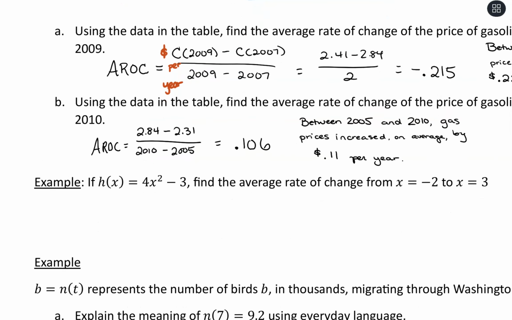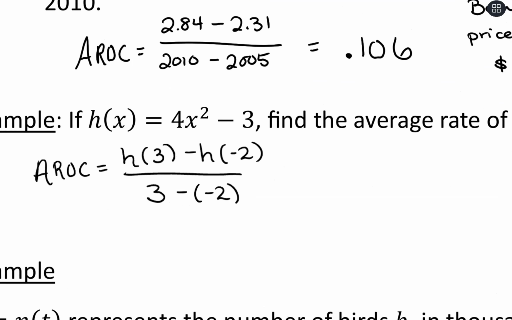Let's say we just had a function without any sort of context here. So if I want to find the average rate of change, I want to take h of 3 minus h of -2 over 3 minus -2, and make sure you have those parentheses there to show that in the denominator we have minus and negative, so it'll end up being addition.